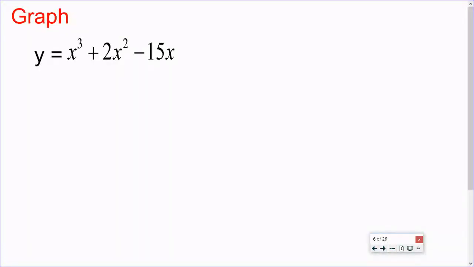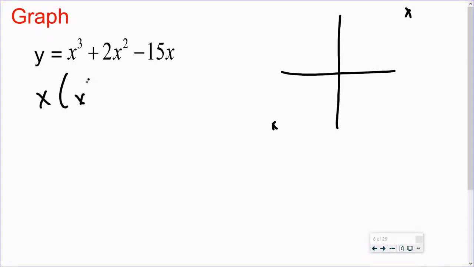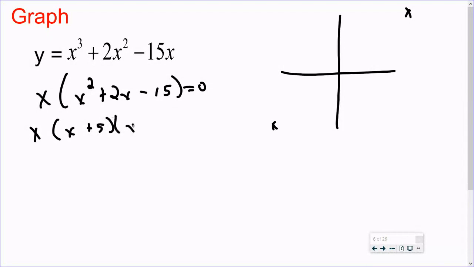So let's try this one. I think about this particular one. Okay, odd, 1, go left. Factor out that x. Okay, x plus 5, x minus 3. Set each one equal to 0.